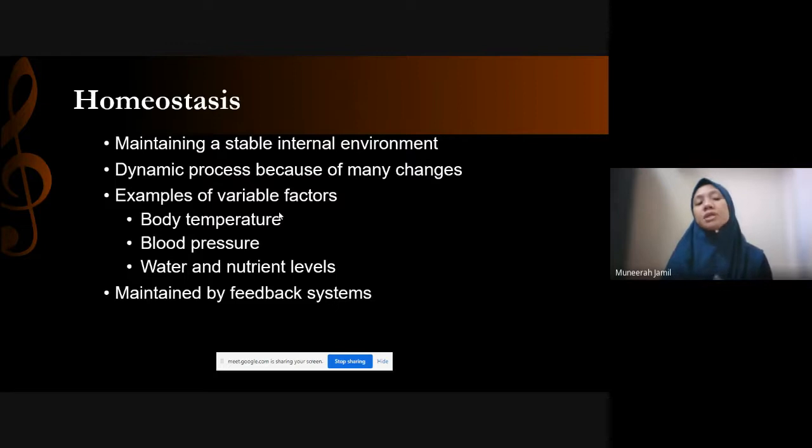For example, there are a lot of factors that can make changes to the body. We have changes in body temperature, changes of blood pressure, changes of water and nutrient levels, which can be maintained by the feedback system in the homeostasis process.